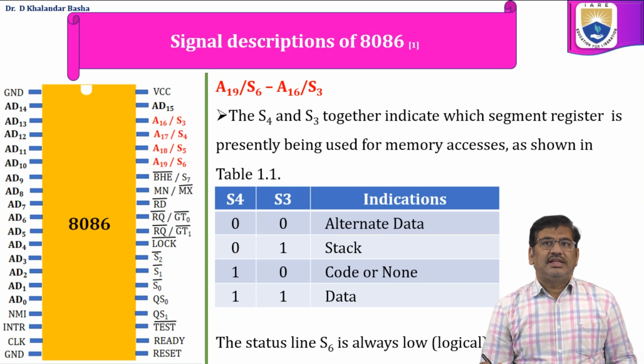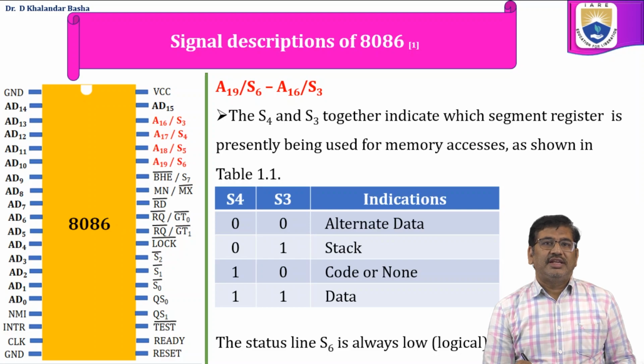The next signals, that is S4 and S3, are used for indicating which segment the processor is presently accessing. The values of S4, S3 and which segment registers are accessed by the processor are shown in table 1.1. When S4, S3 are 00, the processor is accessing the alternate data, which is nothing but the extra segment.